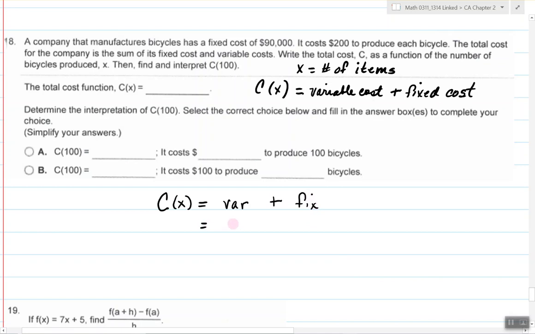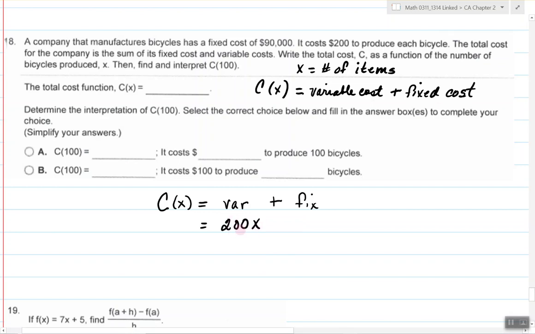The variable is $200 for each bicycle. It is called variable because if they make one bicycle, that part of the cost is $200. If they make 2 bicycles, that is $400. If they make 10 bicycles, that part is $2,000.